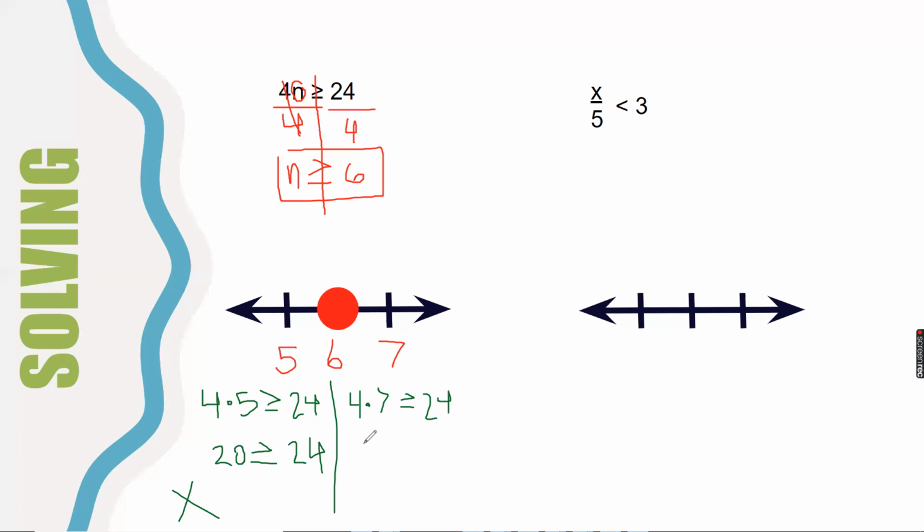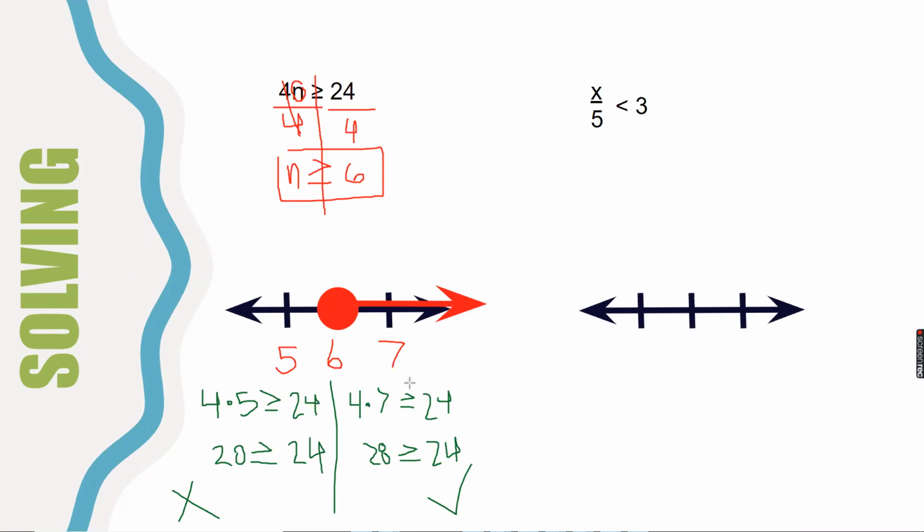I know 4 times 7 is going to give me a 28. So now my question is, is 28 greater than or equal to 24? And I hope that you're saying that it is, so that is our true statement, which is good. It means that we did the problem correctly. And we're going to go ahead and draw our arrow in the true direction, which looks like that.